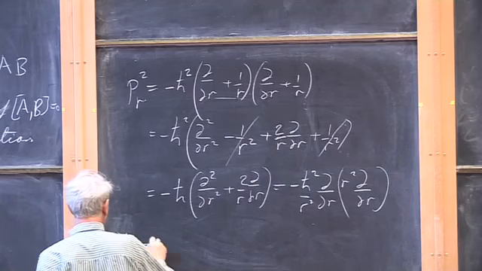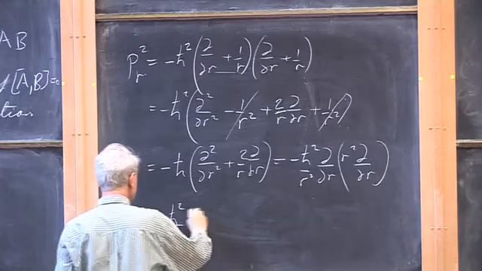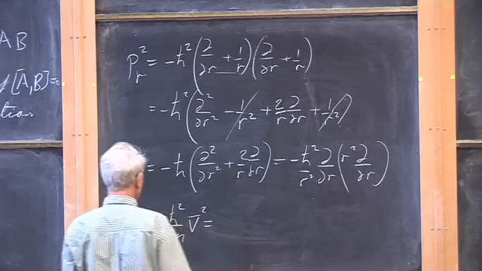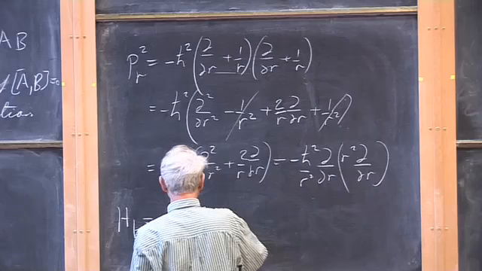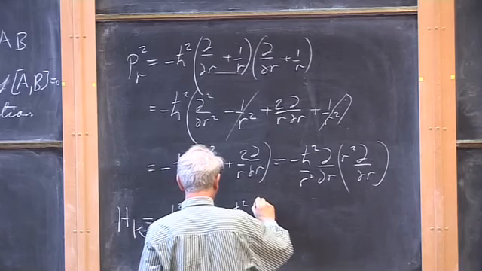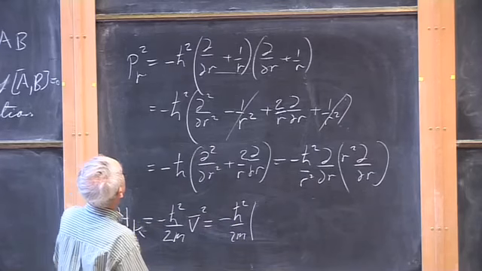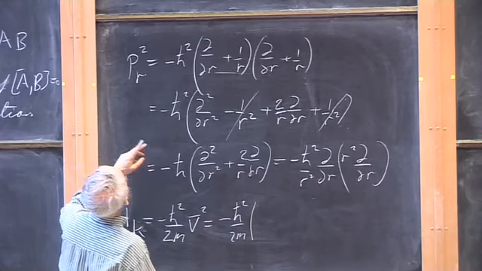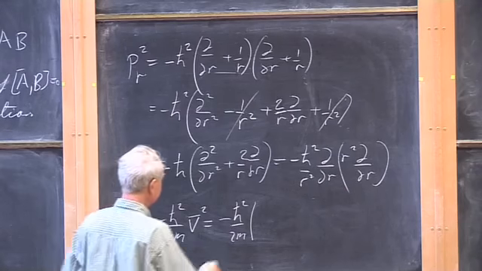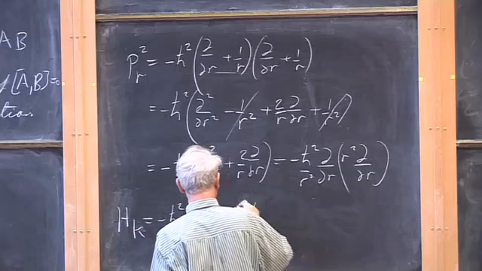Hk, the kinetic energy operator, which is minus h bar squared over 2m del squared, is also minus h bar squared over 2m of... well, let's leave that outside.